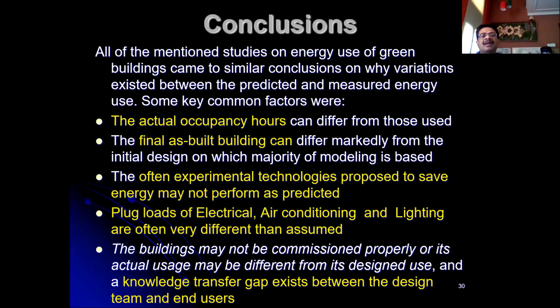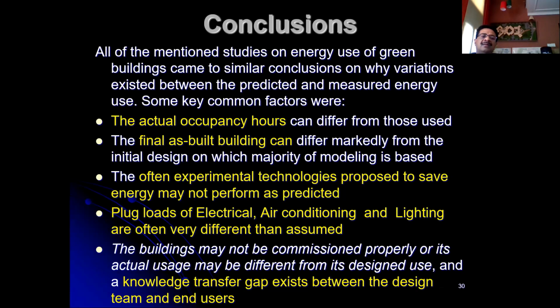And sometimes the assumptions we make when we design a project, like the actual occupancy hours, can be very different from those designed. The final as built building can differ remarkably from the initial design. The users might have different requirements or lifestyles or aspirations in the project.